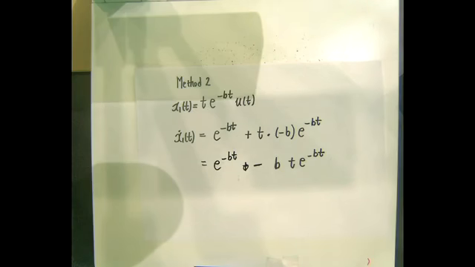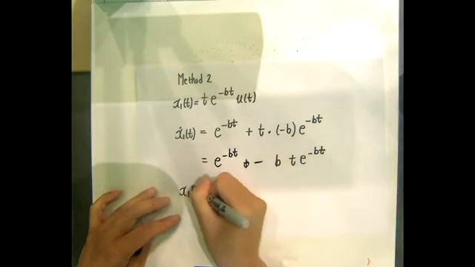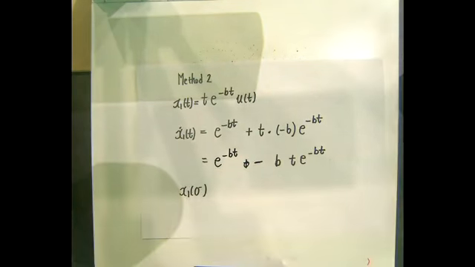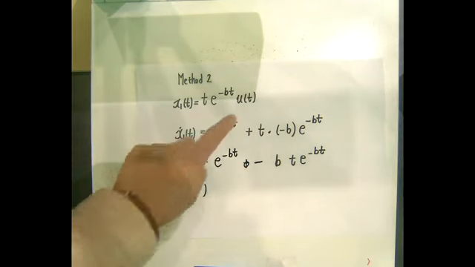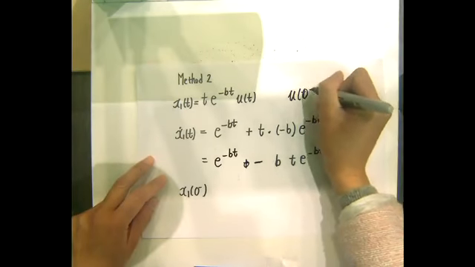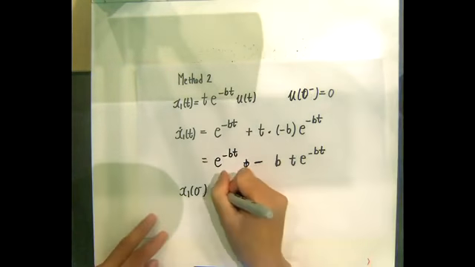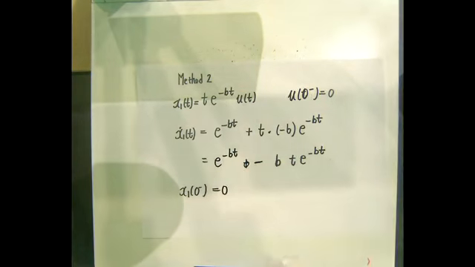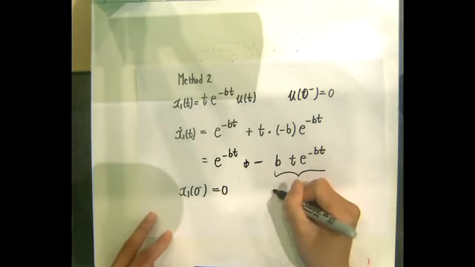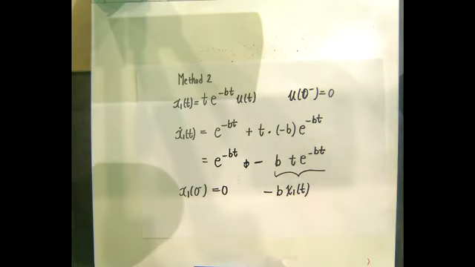All right. And I also know that when I consider my x1(0), you can see u(t) at 0 minus will be 0. So in this case, this part will be 0. And I also want to highlight that this one is minus b x1(t).